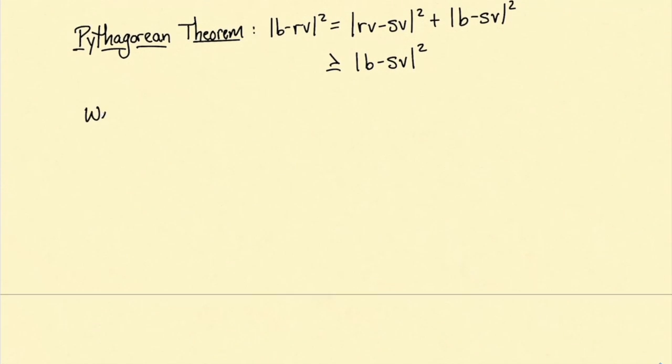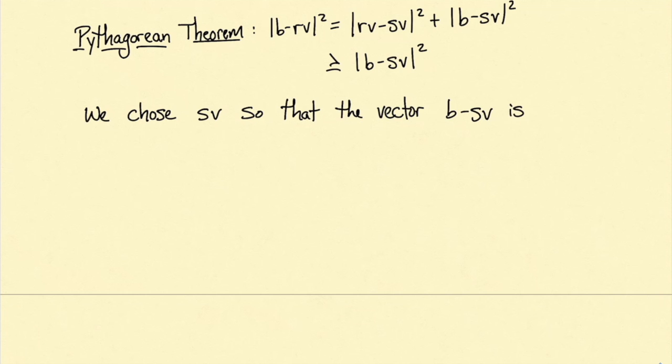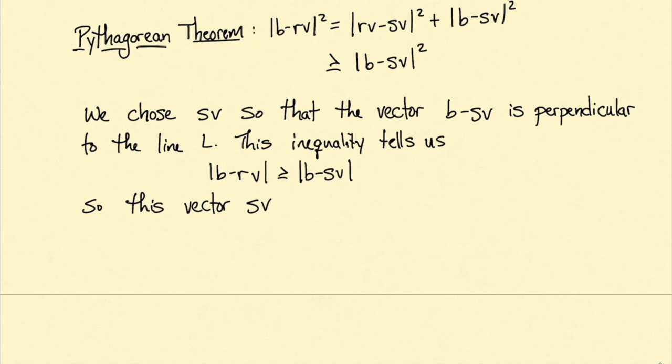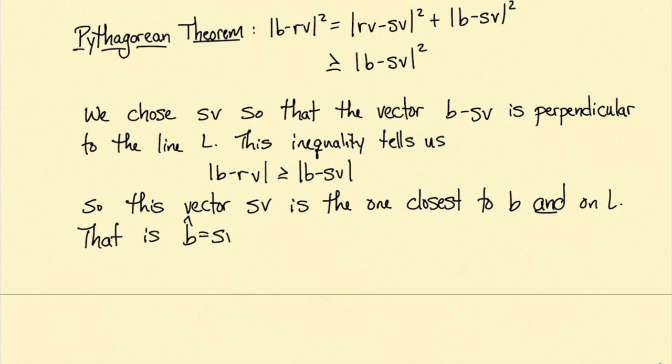Remember, we chose sv so that the vector b minus sv is perpendicular to the line L. So our inequality tells us that the distance from b to rv is at least as large as the distance from b to sv. So this vector sv is the one that is closest to b and on L. That is, this vector sv must be b hat.